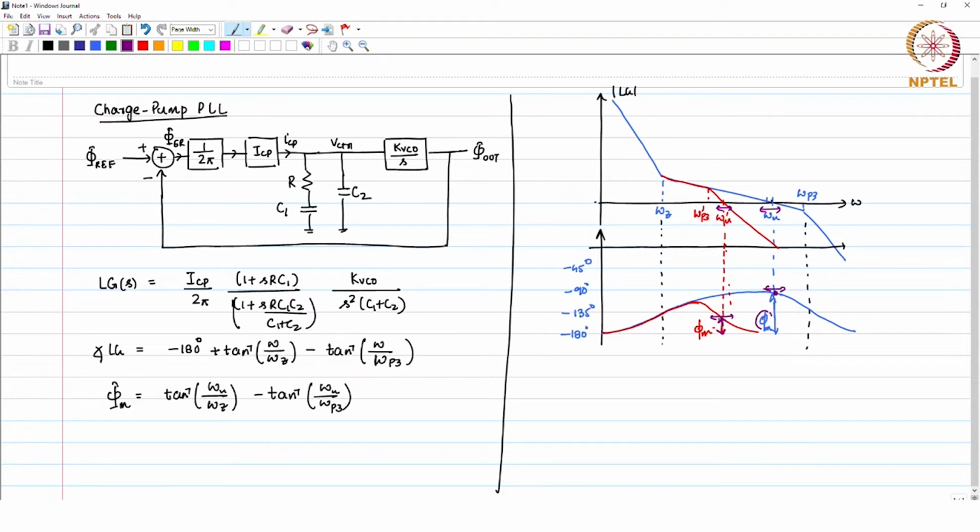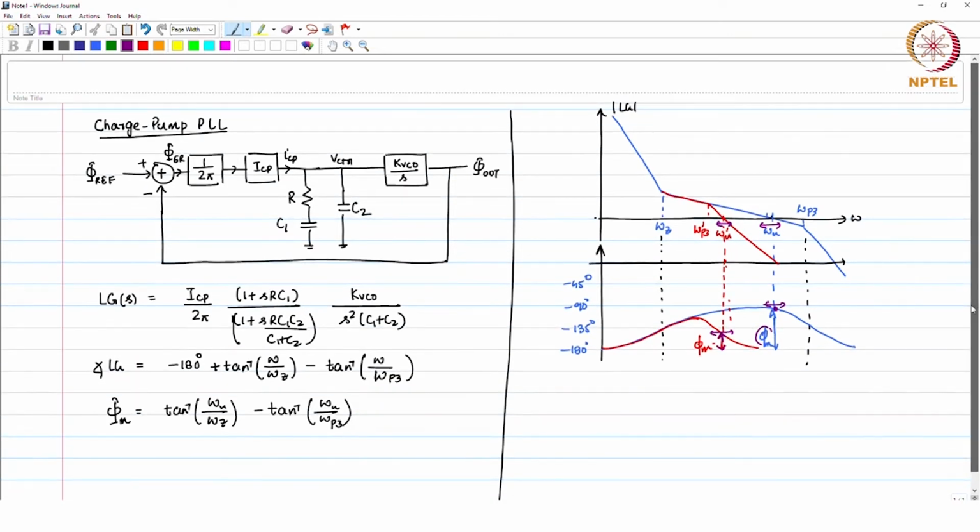Okay. So, what we need is a design where we design this particular PLL in such a way that the change in the phase margin at the unity gain frequency is much less if you change the unity gain frequency by some amount. Okay.